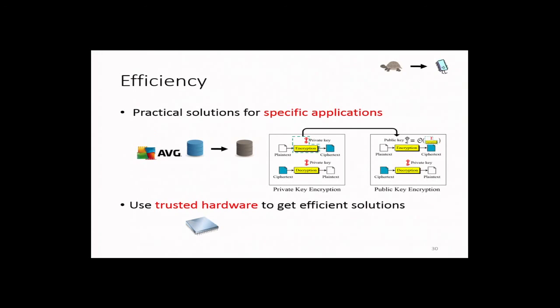Another direction which I think is very interesting is to use trusted hardware in making obfuscation more efficient. A big chunk of the inefficiency comes from the new number theoretic tools that we have, multilinear maps, or the new encryption scheme that I call. It's very inefficient, and it brings in a lot of the inefficiency to the construction.